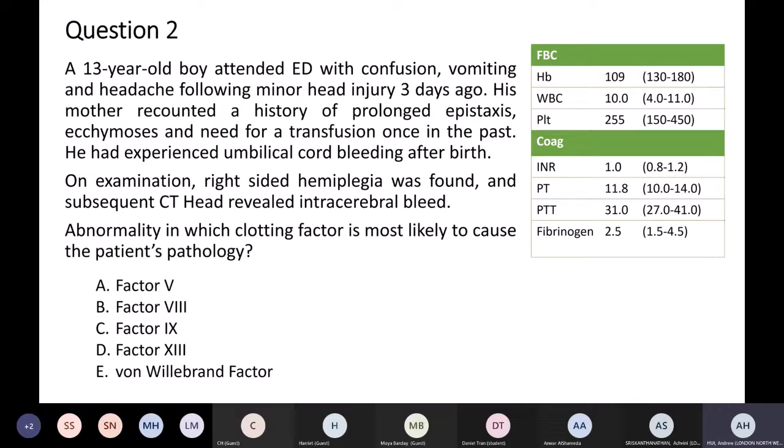He had experienced umbilical cord bleeding after birth. On examination, right-sided hemiplegia was found and subsequent CT head revealed an intracerebral bleed. Abnormality in which clotting factor is most likely to cause the patient's presentation? I'll give you guys a few seconds to answer.